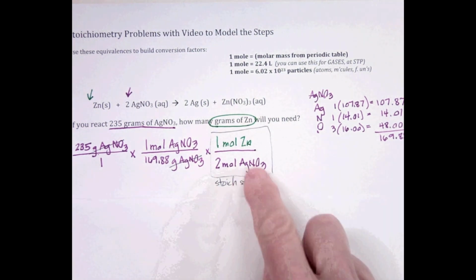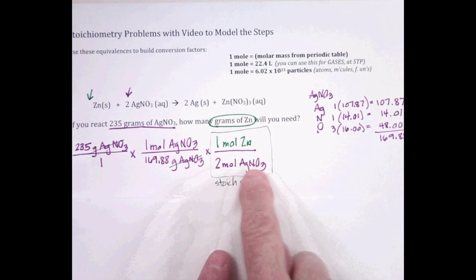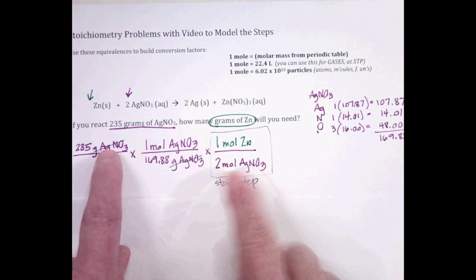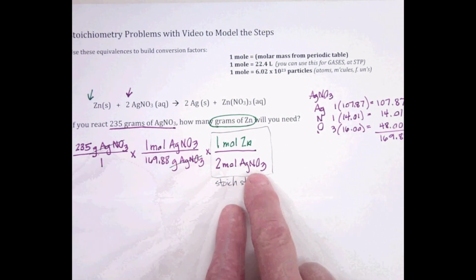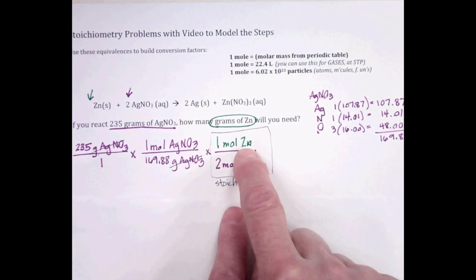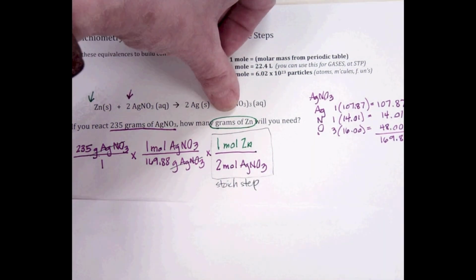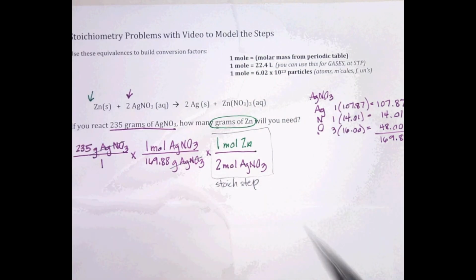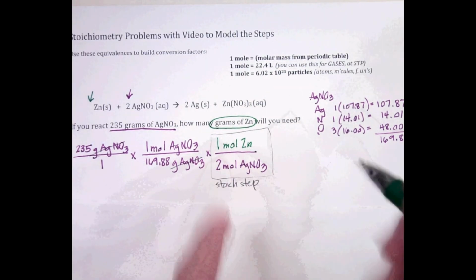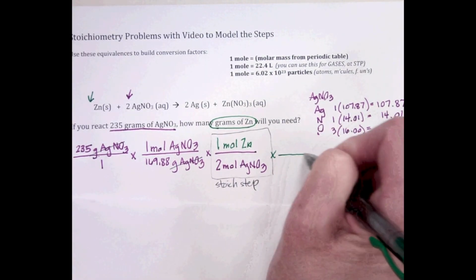Notice that it's the switching step. It takes you from the substance we started with, silver nitrate, and switches to the other substance, zinc. I am looking in this problem for grams of zinc, so I can't stop here. I have to go another step.